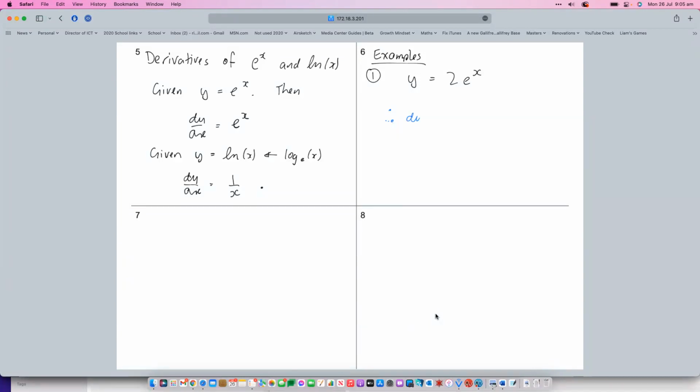Therefore, dy by dx is equal to 2e to the x, because we're not bringing anything down. It's as simple as that. So when you multiply a function by a constant number, you just work out the derivative of the function and multiply by that number.